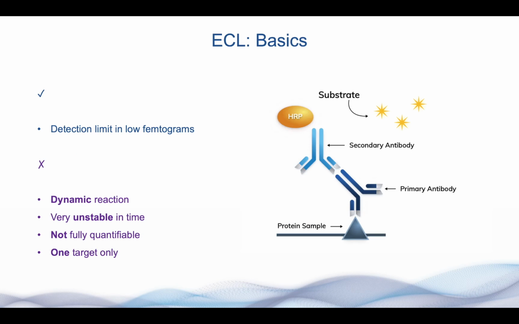And because it's an enzymatic reaction, its detection limits are very, very low, as low as low femtograms. But because it's an enzymatic reaction, the reaction is quite dynamic and unstable in time, which makes it sometimes less reliable to quantify. And the biggest drawback is we can only detect one target at a time, which is a great drawback.